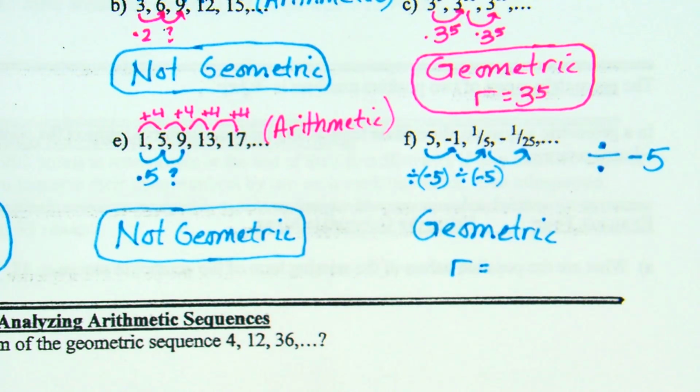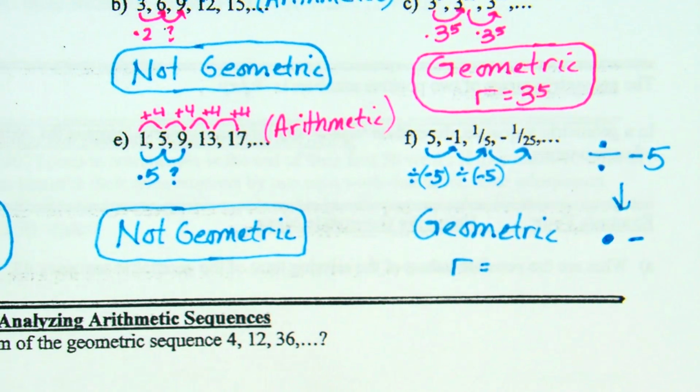So this is where you have to go back. Dividing by negative 5 is the same as multiplying by what? And this is where the negative 1/5 comes into play. Of course, it's still negative, but remember keep, change, flip, or multiply by the reciprocal? Dividing by negative 5 is multiplying by negative 1/5.